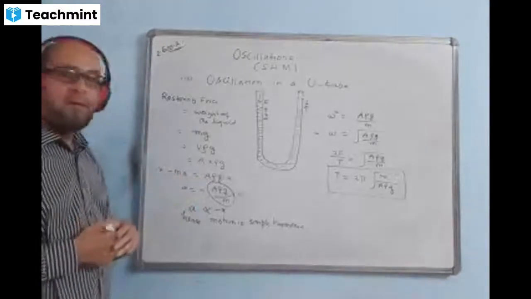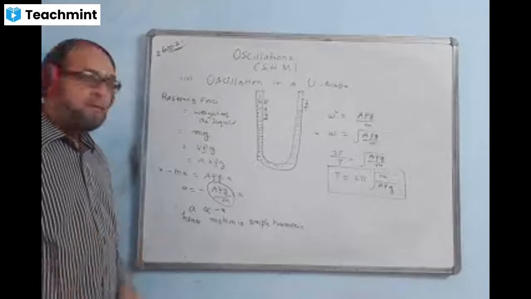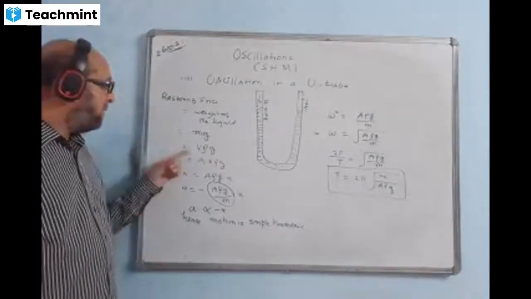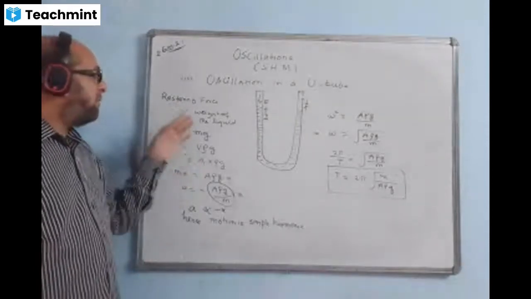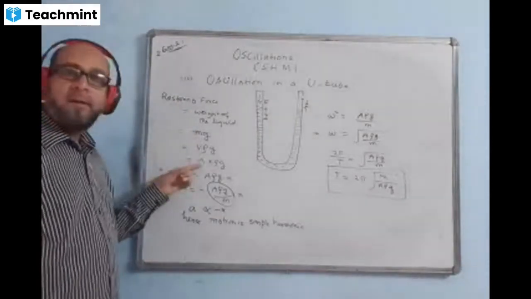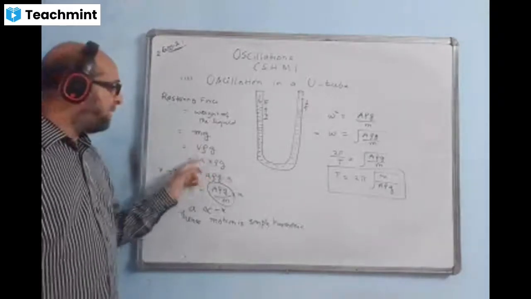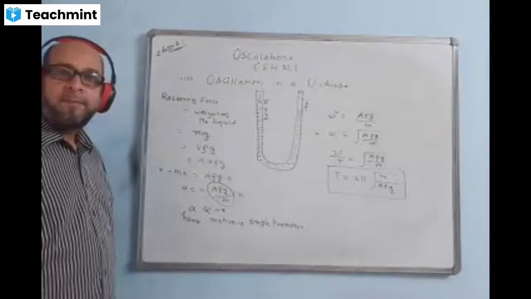It's hazy, no? Which part are you telling? The line after A into rho g. Yes, sir. A rho g into x.